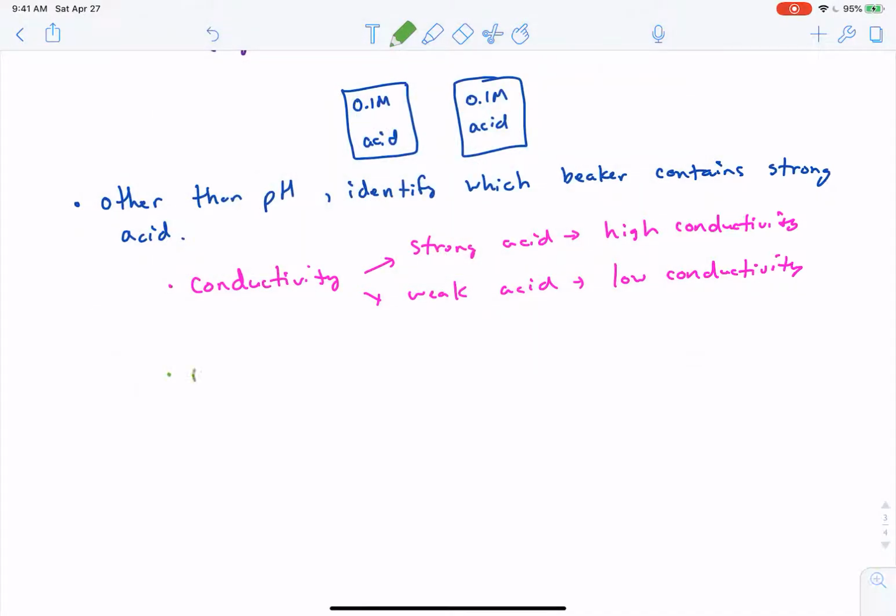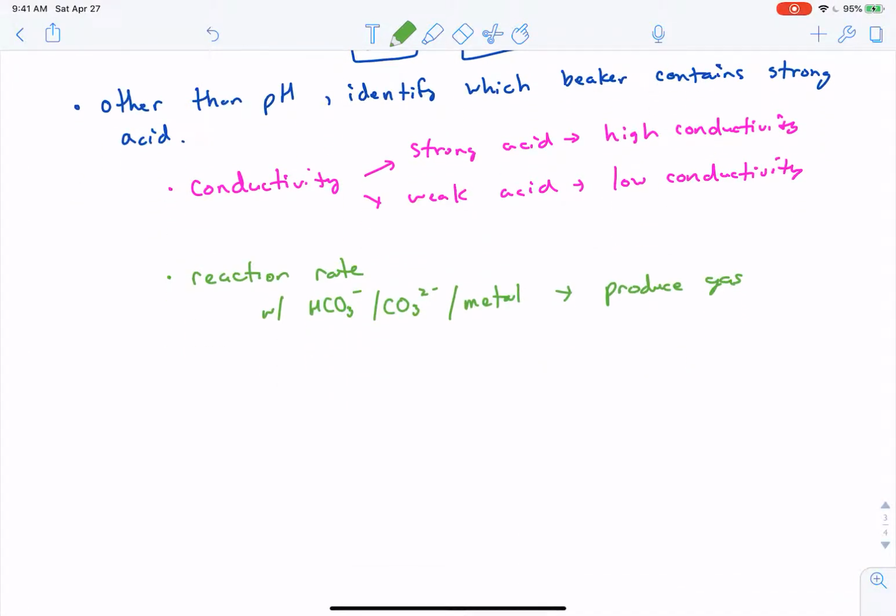The other way is reaction rate with a hydrogen carbonate, a carbonate, or a metal. It doesn't really matter which one because they all produce a gas. So then you would say you'd measure the volume of gas per time.